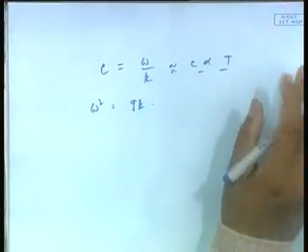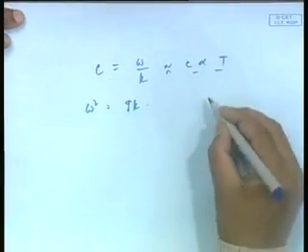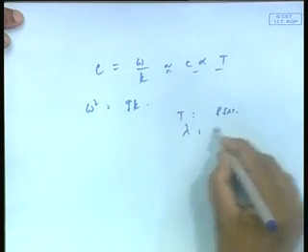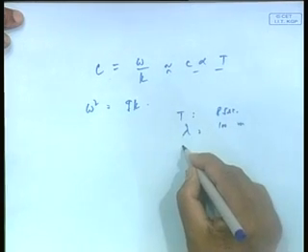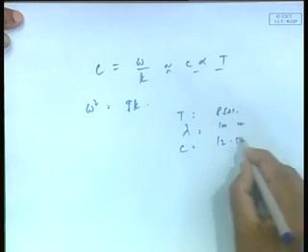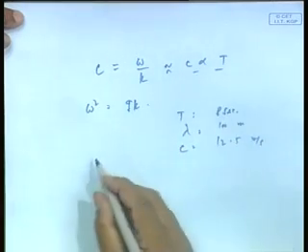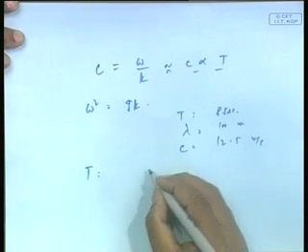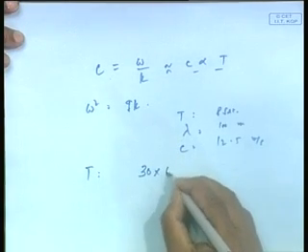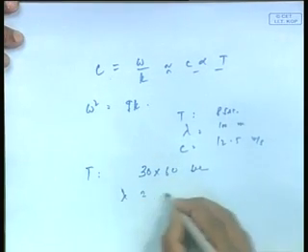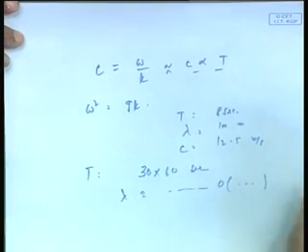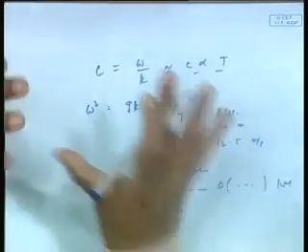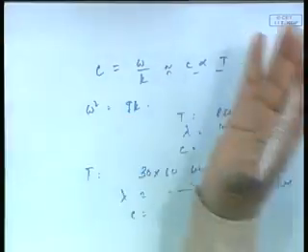So what I am saying is that now, if T was 8 seconds, my lambda was 100 meter, and c was about 12.5 meter per second. But you will see that if my T is, say, a tsunami wave, 20 minutes or 30 minutes, say 30 into 60 seconds, you work out lambda, you will find it will turn out to be of the order of several thousand kilometers, and c will turn out to be something like 100 kilometer per hour, 500 kilometer per hour.